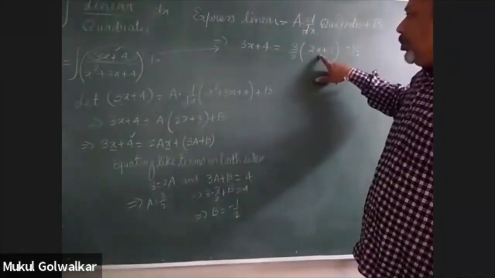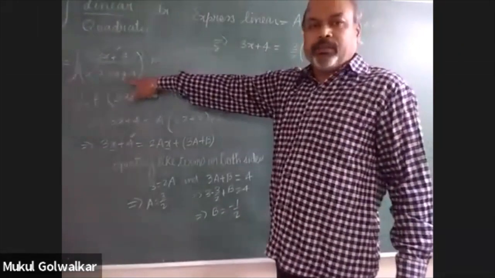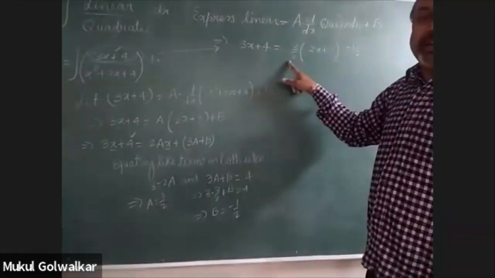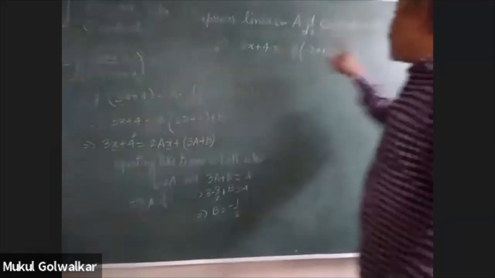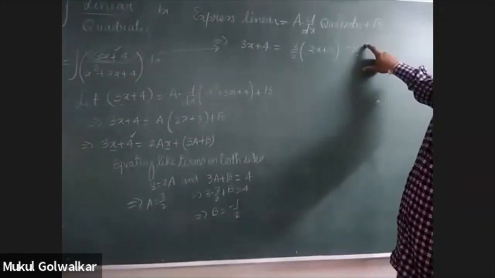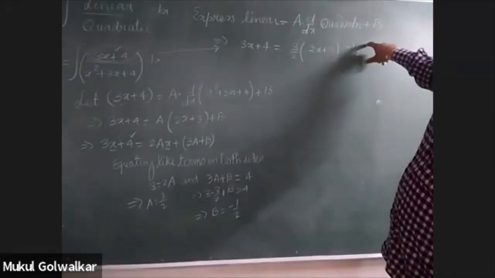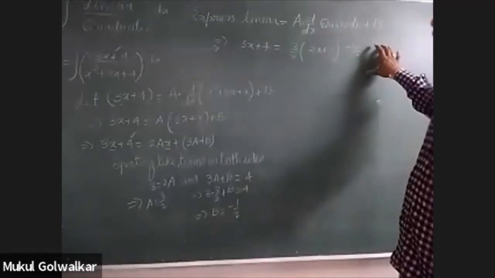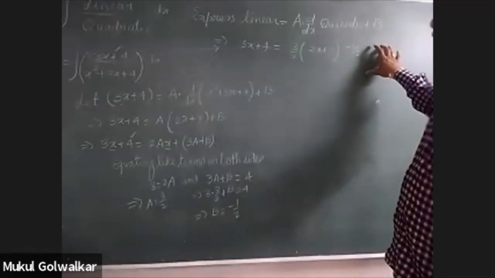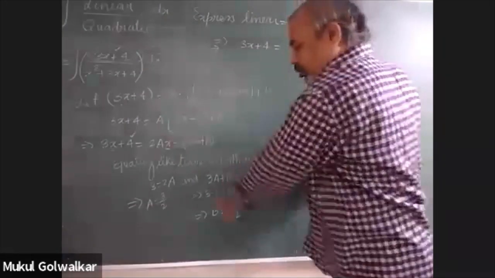The first form contains the derivative of the quadratic along with some constant quantity, and the second part contains purely a constant term. Okay? Are you understanding this procedure, Atharva? Yes, sir. Okay. Should I clean this part? Yes, sir. Okay.